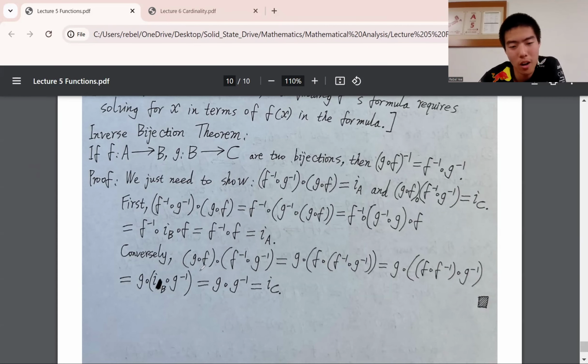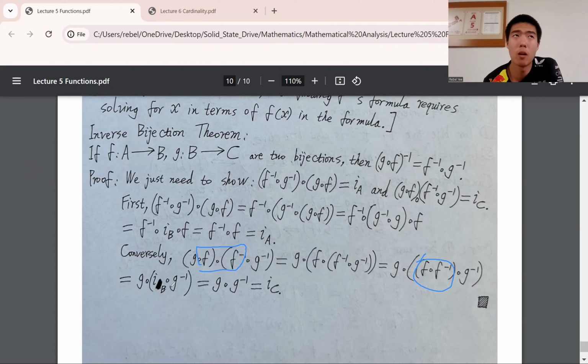So first, we just reduce this one into the identity. And what's the identity? First take the inverse of F, which goes from B to A, and F takes A to B, so it's I_B. And what's the inverse of G?